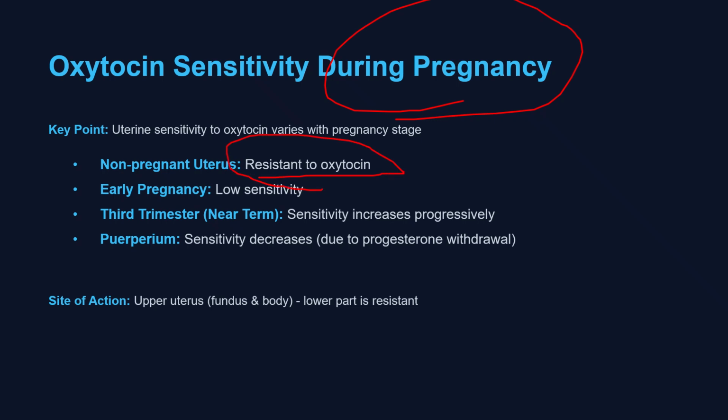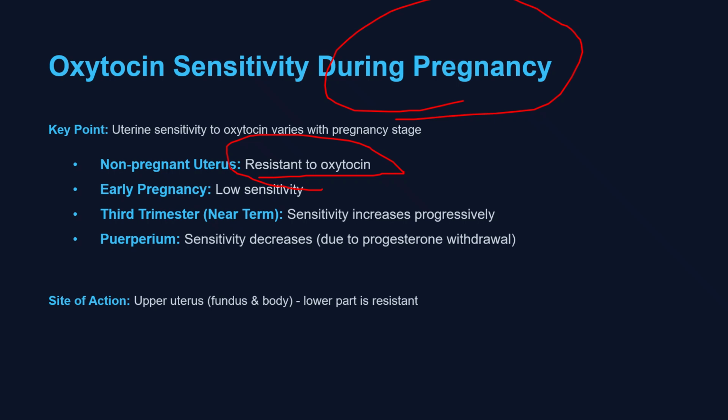If any questions arise from that, answer with the logical reason: the non-pregnant uterus cannot be used for that, so it is resistant. Another thing is early pregnancy. In very early pregnancy there is low sensitivity, so it should be avoided. It should not be given, as it is resistant to that.